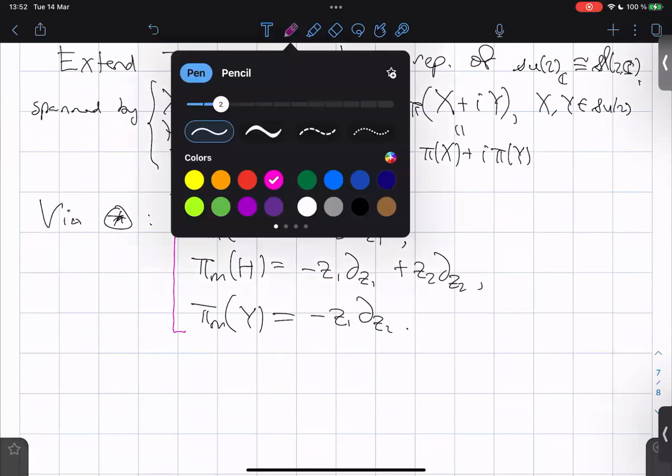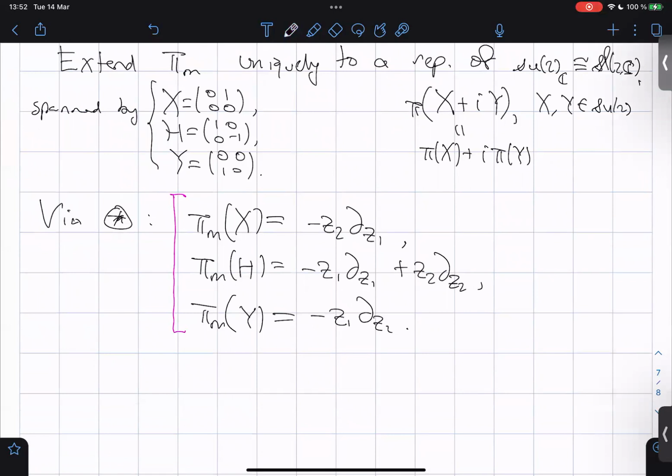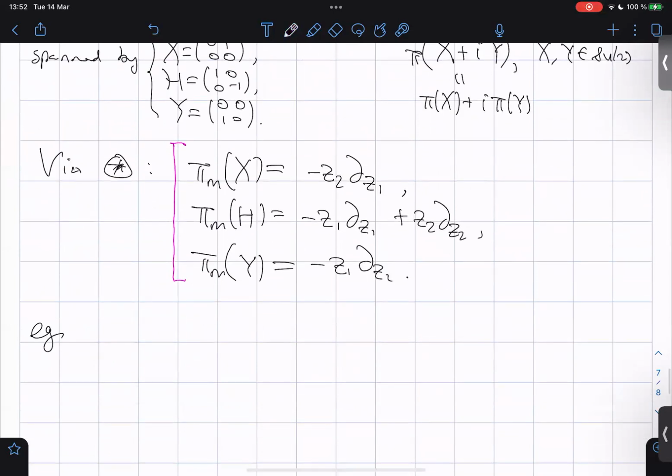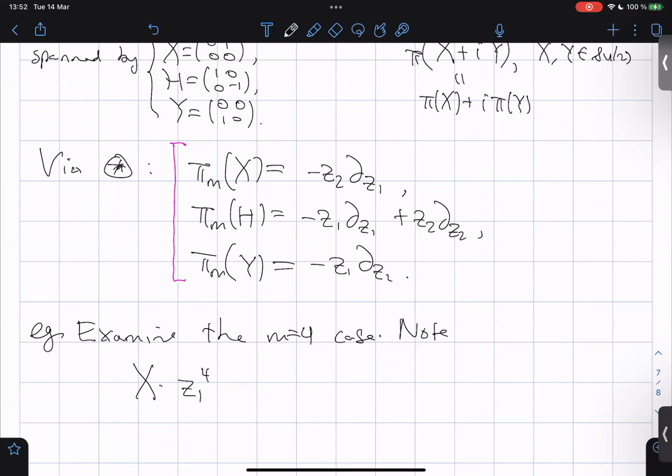So let's do an example. Examine the M equals 4 case. If I let this X act on, say, the first guy, homogeneous polynomials of degree 4 in Z1 and Z2, how is this going to act? I use this guy and apply it directly.